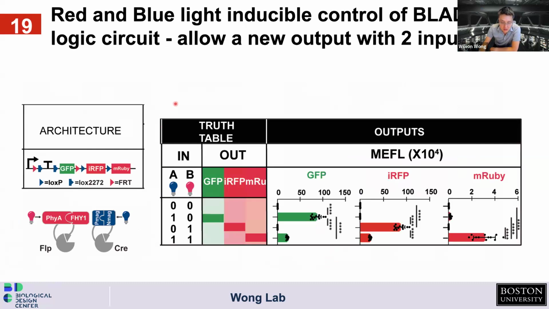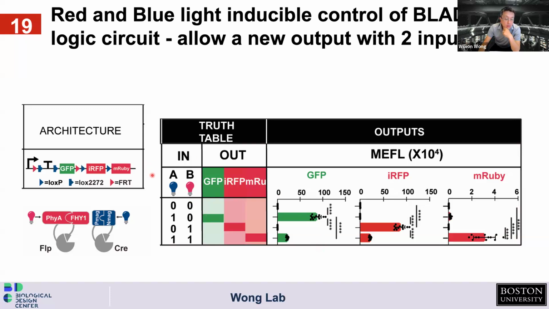And then ultimately, we use our system to see if we can control the output of the BLADE system right here. So you can see here, we can either have blue lights or red lights, and then we can have different outputs. This is the circuit architecture, and this is the outcome. So now we can use blue and red lights to control the output.